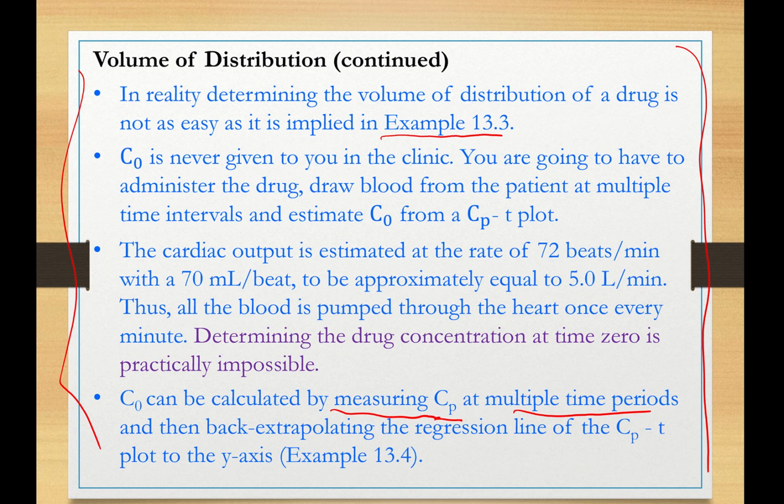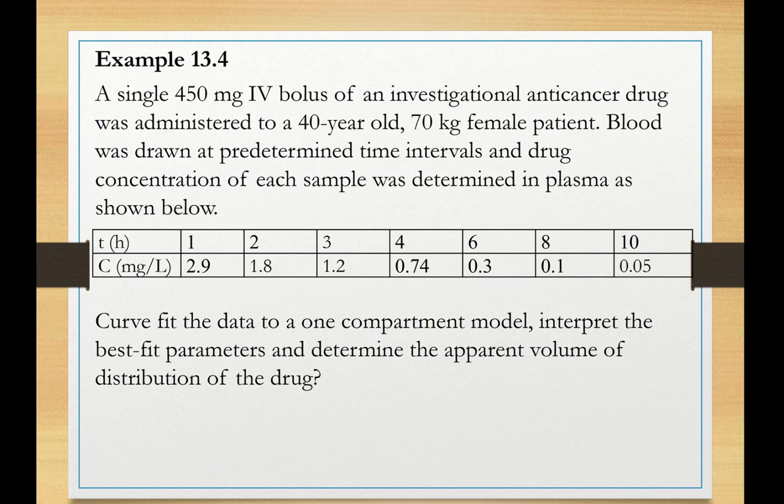You can fit your data by linear regression or non-linear regression analysis and recover or determine the VD and the first order rate elimination constant from your best fit equation. Let's see how we can do that. So here we have administered a 450 milligram dose IV.